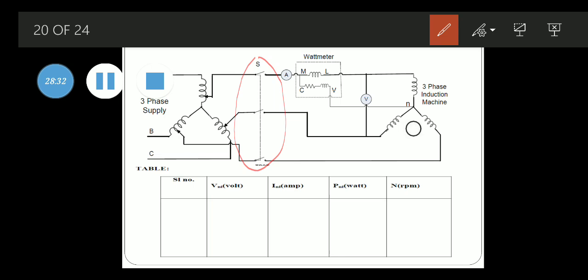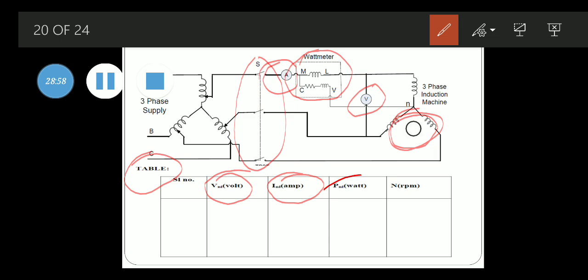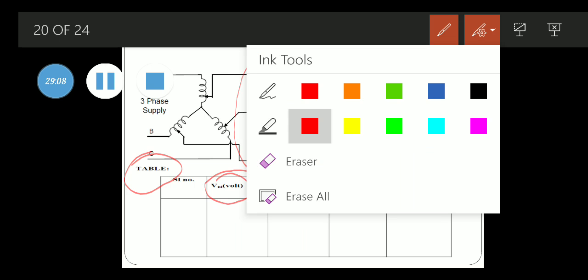During no load condition, note down all the meter readings: the no load current, no load power, no load voltage, and the no load speed are tabulated. In the table, VNL is the no load voltage, INL is the no load current, PNL is the no load power, and N is the no load speed. This is how the no load test can be performed.